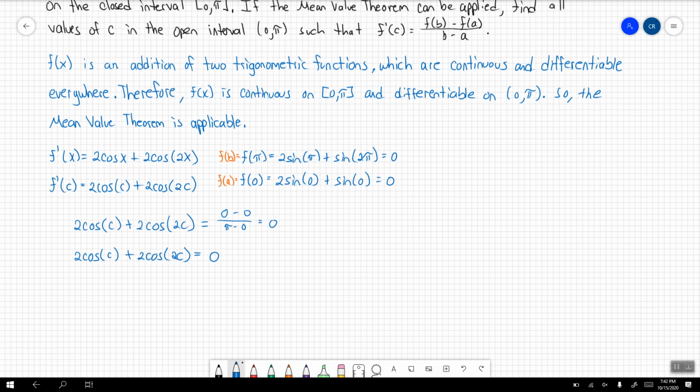So naturally, we have this double angle for cosine, and I'm going to use a double angle for cosine 2 theta. Remember, the double angle for cosine 2 theta has 3 different representations. It has cosine squared theta minus sine squared theta.